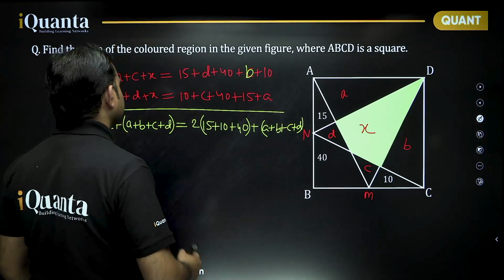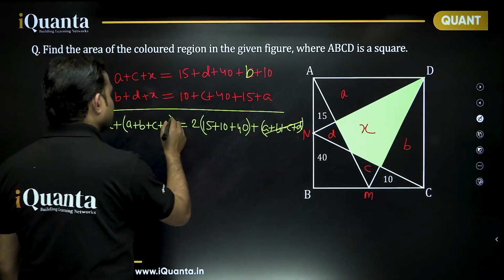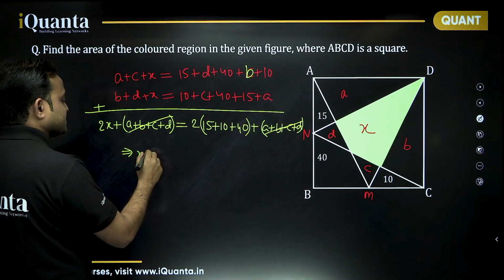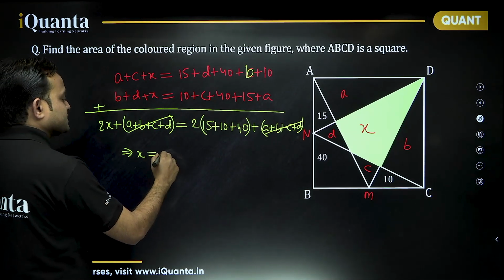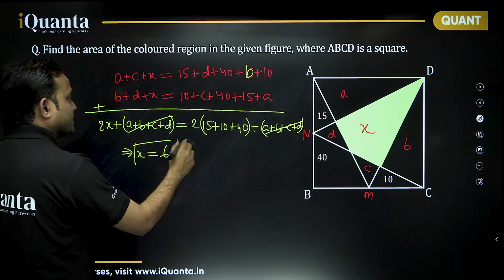Now this will be cancelled out, as you can see, and we get X is equal to 15 plus 10 plus 40. So 50 plus 15, which is 65 unit square.